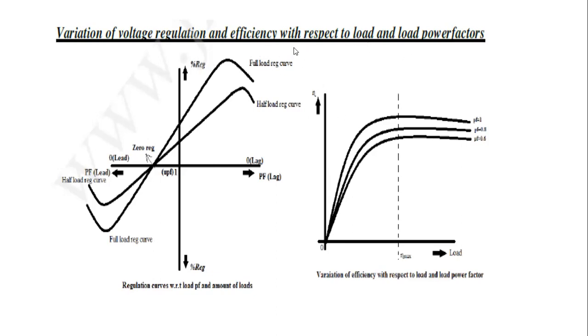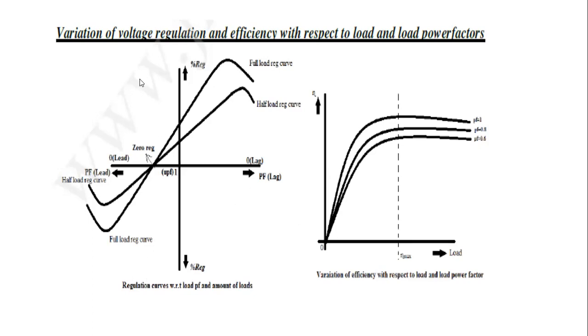What is meant by efficiency? It is the ratio of output to input. And what is the voltage regulation? It is (E2 minus V2) by E2 into 100, where E2 is the no load voltage and V2 is the secondary voltage with respect to the no load voltage; this is called the voltage regulation.